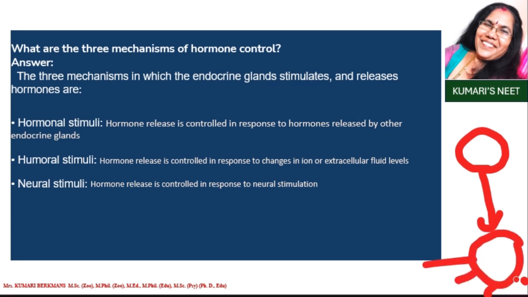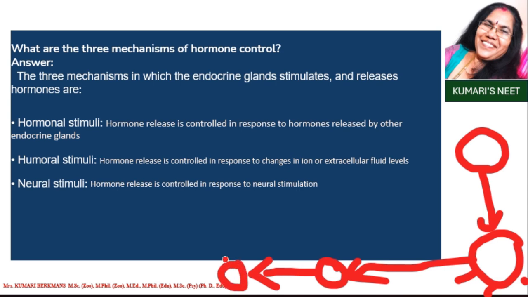Each and every hormone goes and stimulates the endocrine glands. Then the endocrine glands again produce the hormone that will reach the target organ and activate the organs. So this is hormonal stimuli: hormone release is controlled in response to hormones released by other endocrine glands. That is what we have seen here.